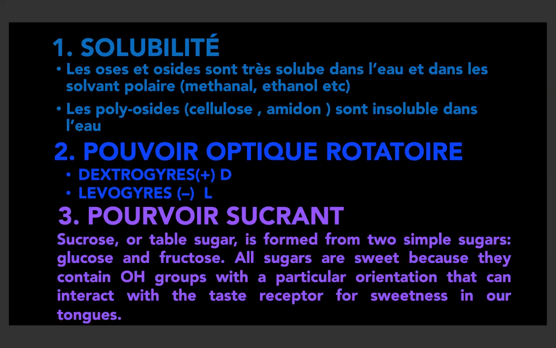Okay, so we also explained the principle of pouvoir sucrant. We say that in our bodies we have neurotransmitters, and neurotransmitters are responsible for a lot of things.